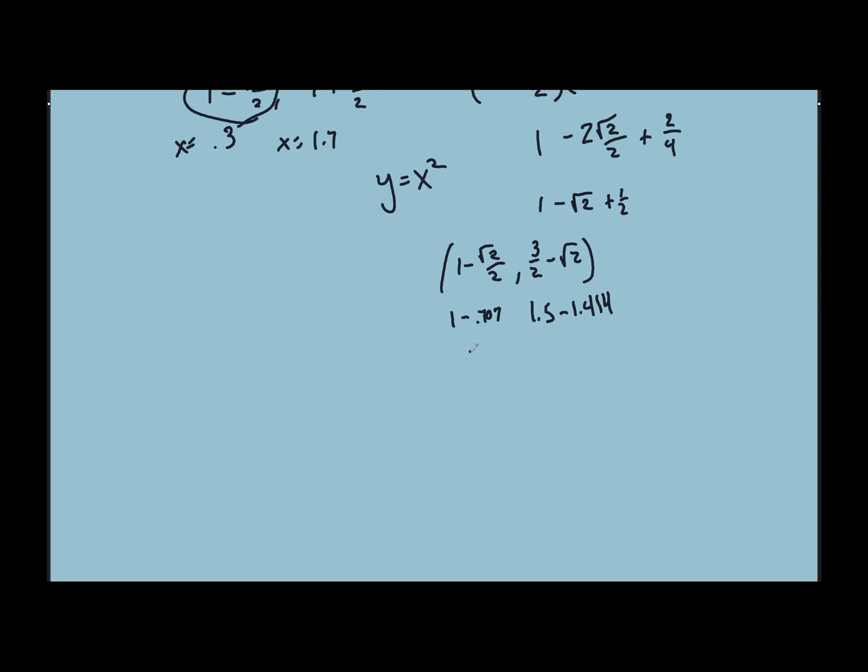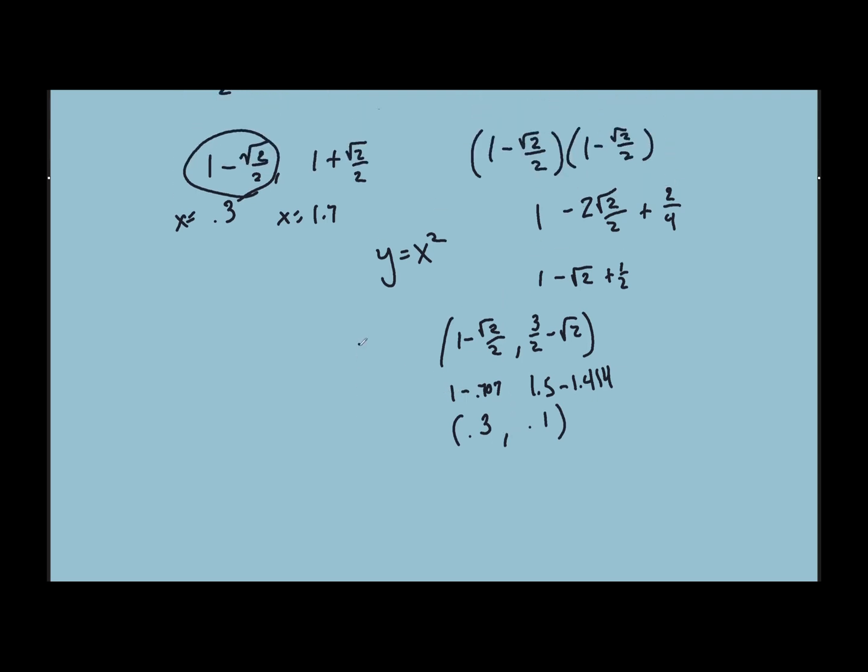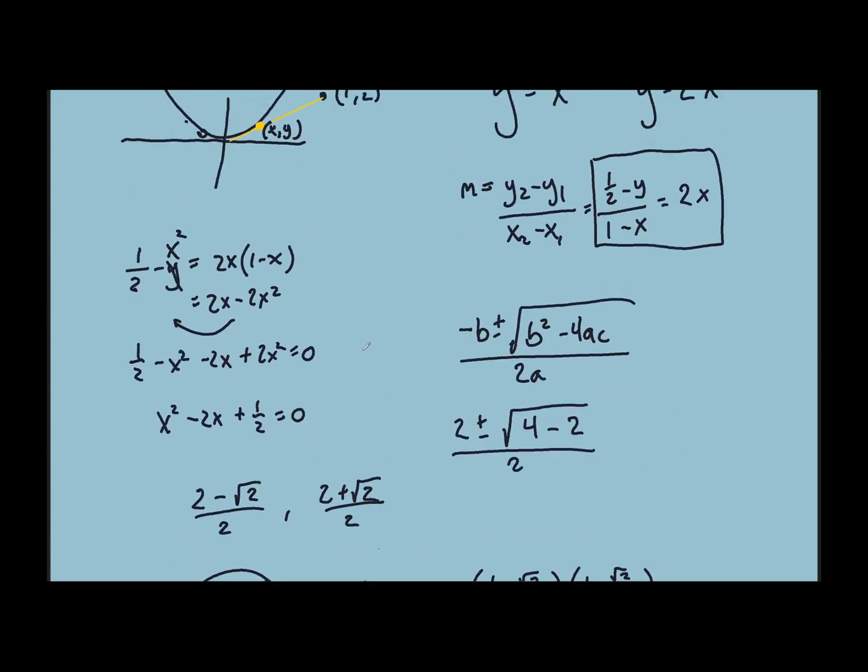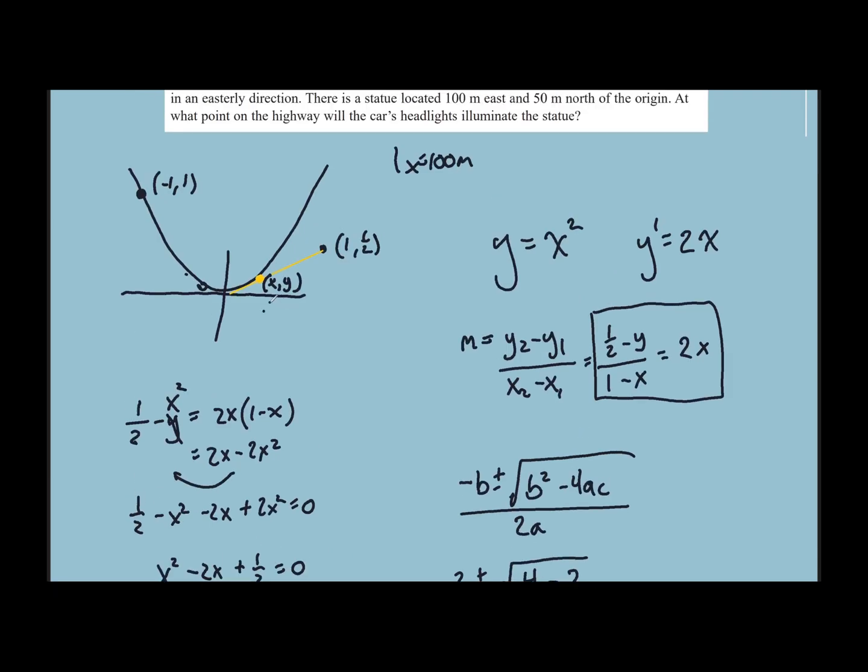So just to keep it generally simple, I'm going to call it 0.3 and about 0.1. You need to find the exact actual digits. But that's pretty close. And I think on our picture that makes sense to say this is at about 0.3, 0.1. 0.3 squared is 0.09. So yeah, this is pretty close to being on the parabola. And the exact decimal will be the correct answer. But that's how you find it.